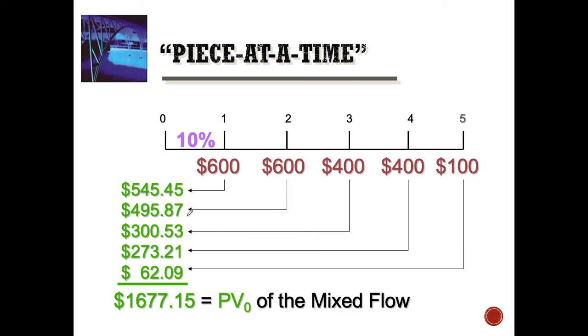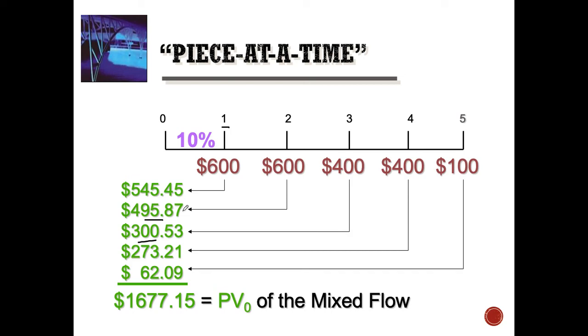Here, present value for year 2. This one, present value for year 3. So remember the formula for this one is 600 per 1 plus 10% to the power of 1.